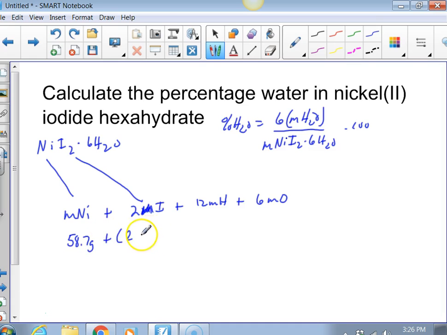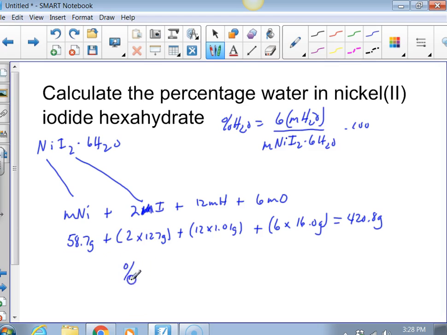Iodine is 127 plus 12 times the mass of hydrogen, which is 1.01 grams, plus 6 times the mass of oxygen, which is 16 grams. Okay, and we do that multiplication, add everything together. That adds to 420.8 grams.